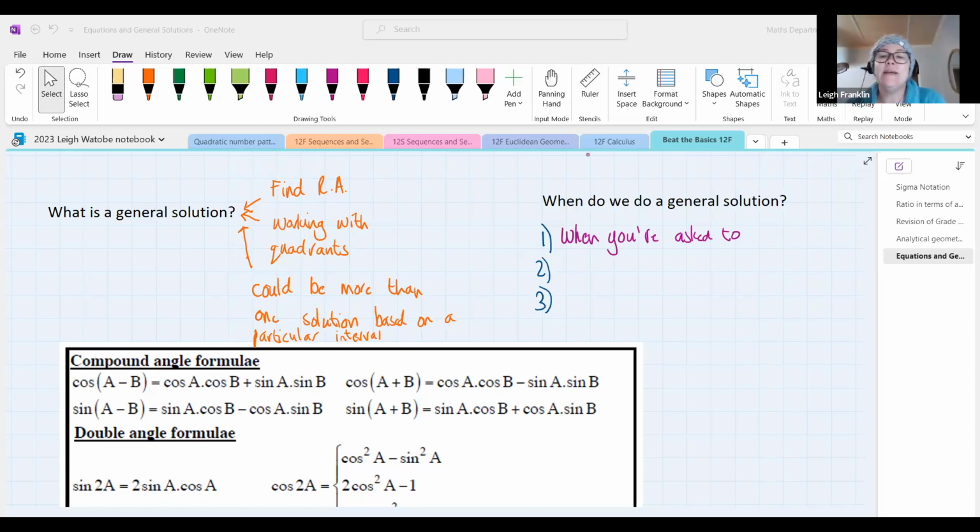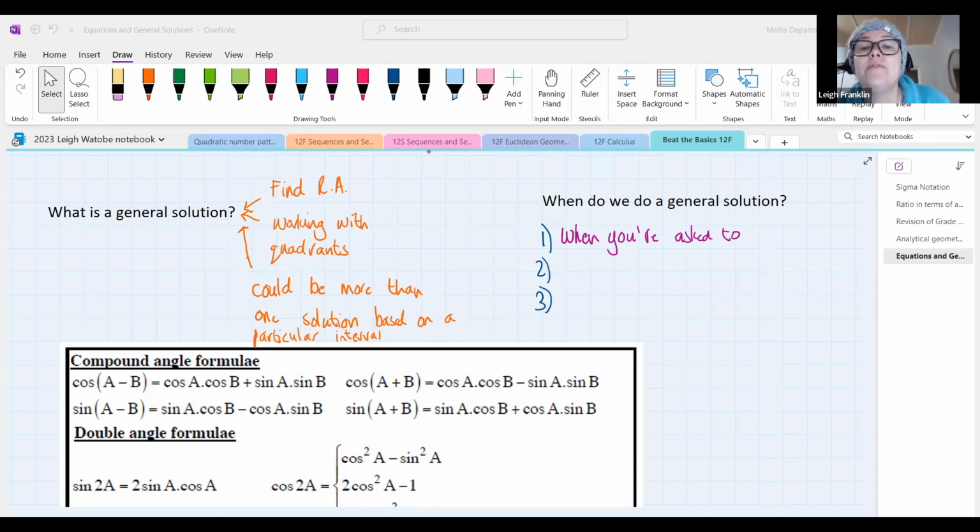So the idea is we need to do a general solution when they require us to find a solution to an equation where we are not working just between 0 and 360. So we are working outside, either smaller than 0 or greater than 360. Quite right. Well done.